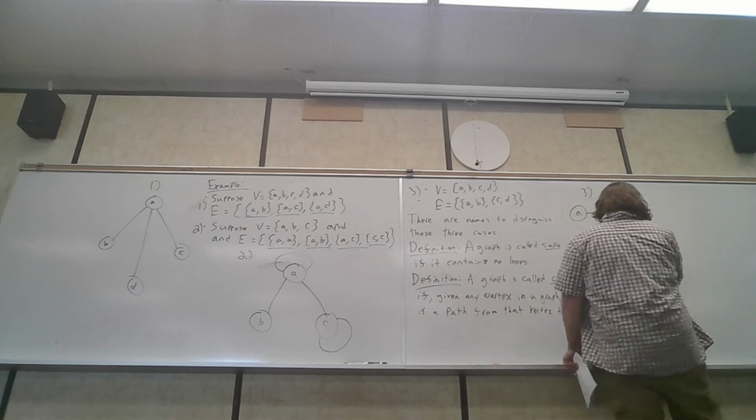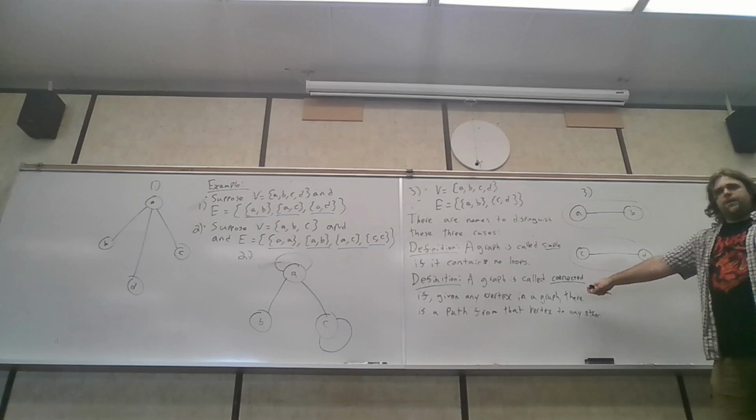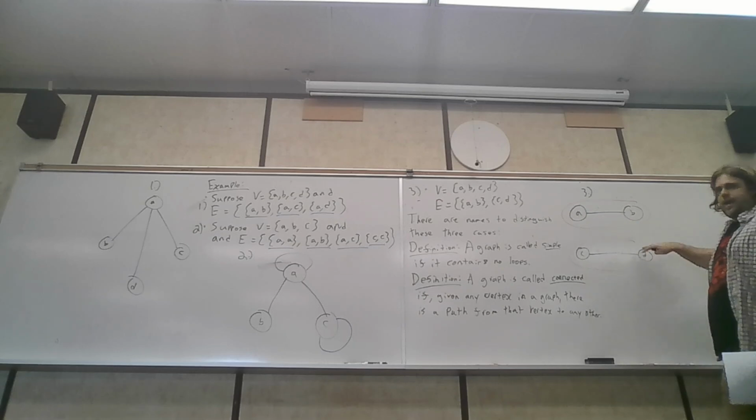Right, so we take a look at this. If I pick A, I can't get to D. So this is not connected, right? Because I would need to pick any vertex and be able to get to any other.